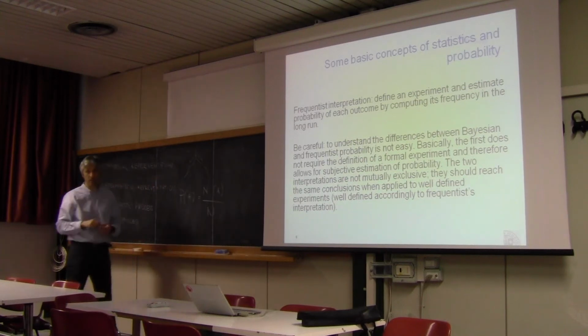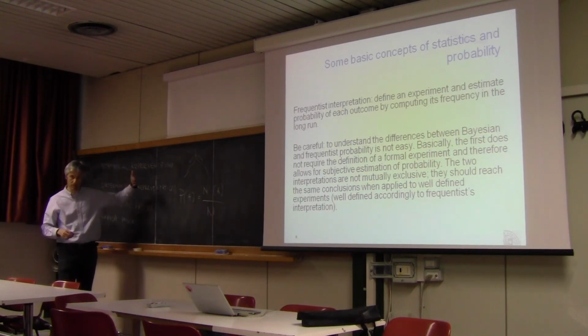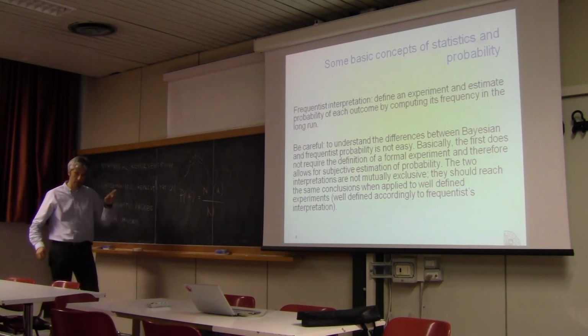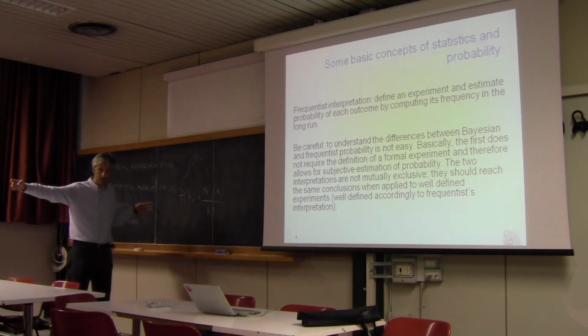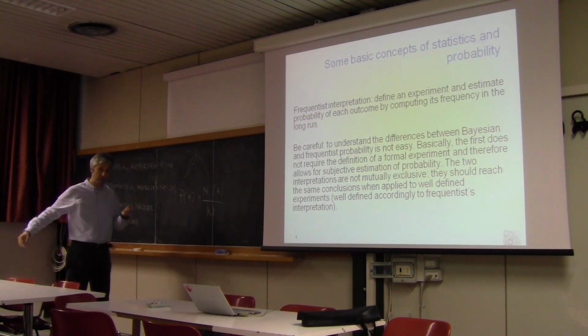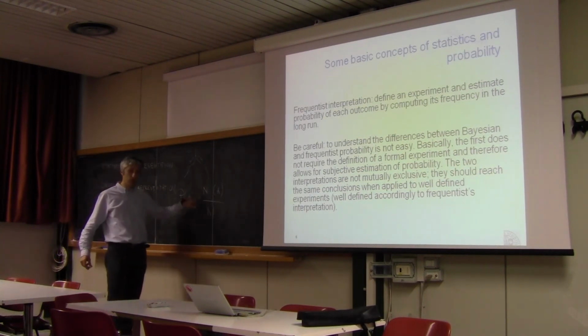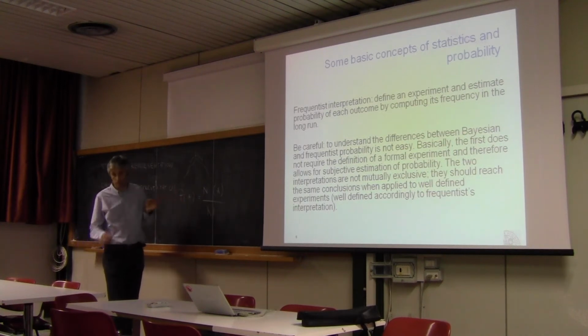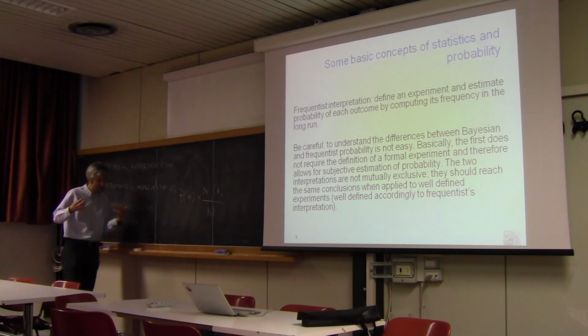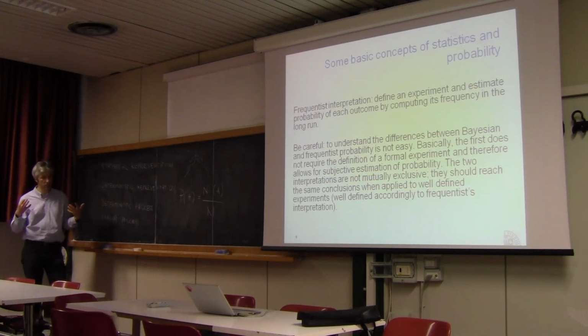If you make an experiment a billion times, and the outcome of the experiment is a real variable, which means that the number of digits is infinite, each outcome is unique. You won't get the same outcome more than once, which means that the individual probability of each outcome is 0, close to 0. And therefore this is something that we need to change. We need to adopt a different definition.